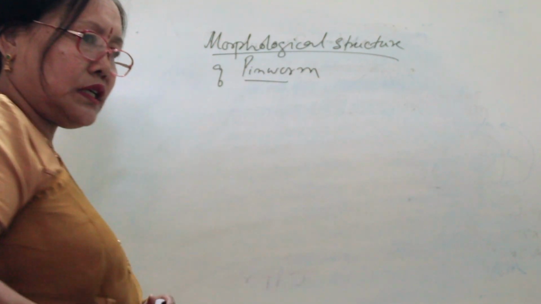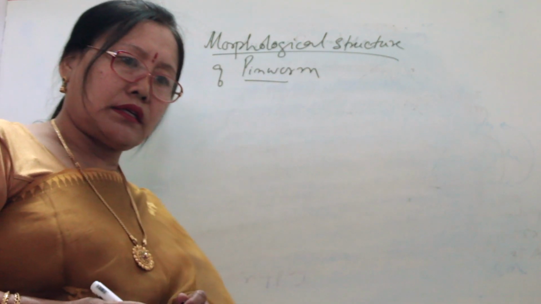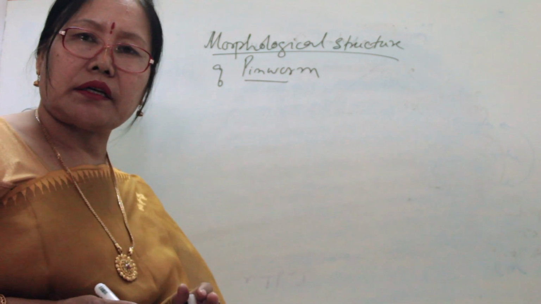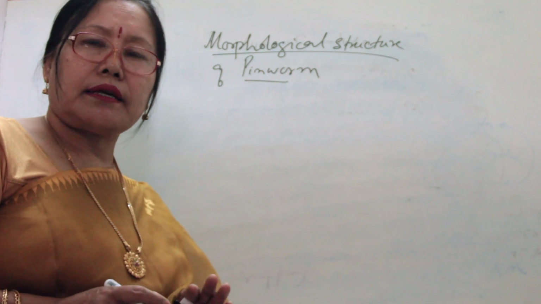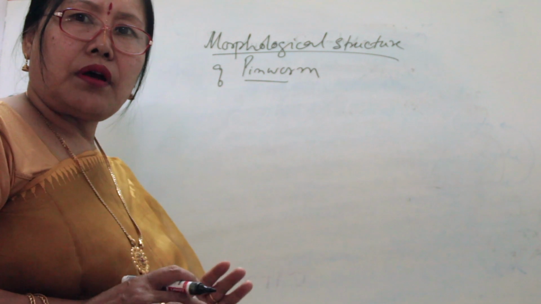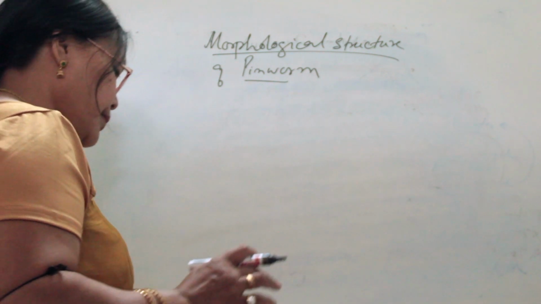In their morphology, we can discuss different stages of their life cycle, that is egg, larva, and adult worms. First of all, we will draw the structure of the egg.